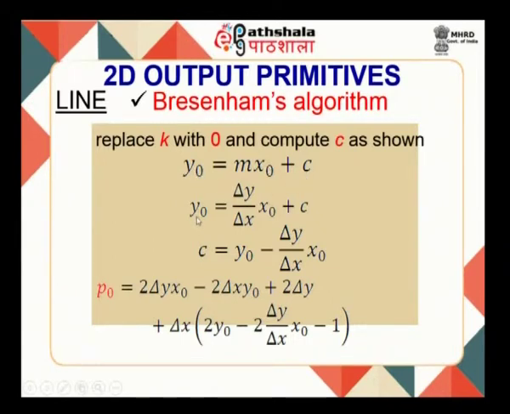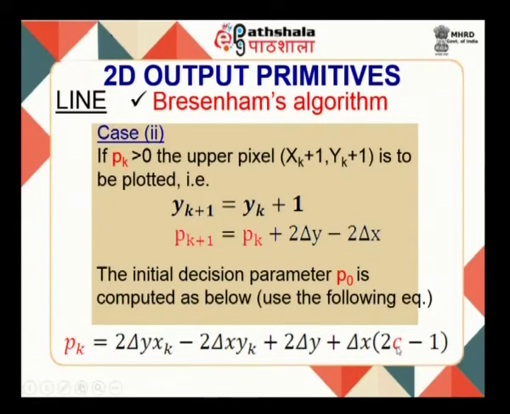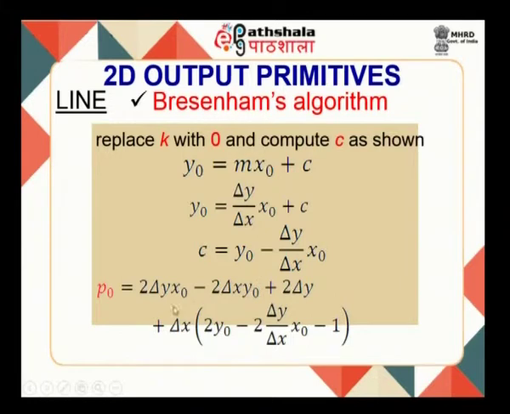Now, c is equal to y naught minus m x naught, where m is replaced with delta y by delta x. So, c is nothing but y naught minus del y by del x naught, and in the equation here, replace c, colored in red, with this expression y naught minus del y by del x naught.